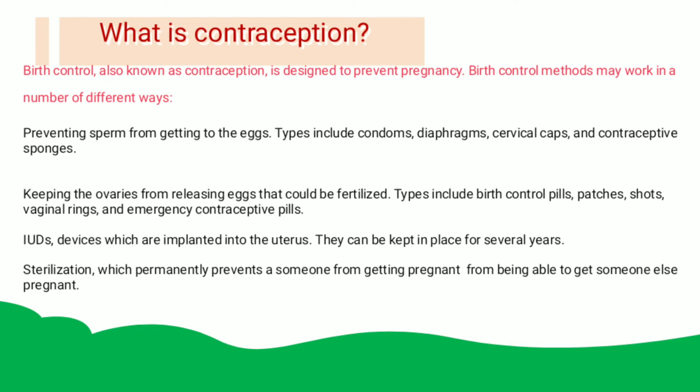They can be kept in place for several years. I will discuss that later. Lastly, sterilization, which permanently prevents someone from getting pregnant or from being able to get someone else pregnant.